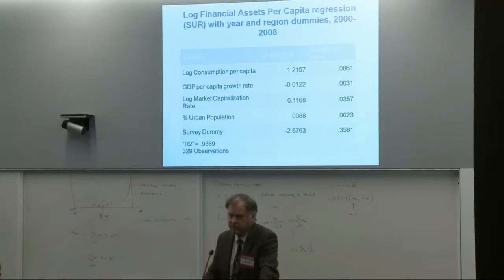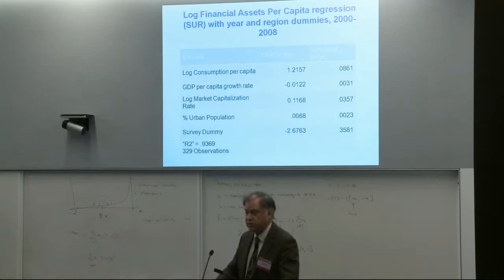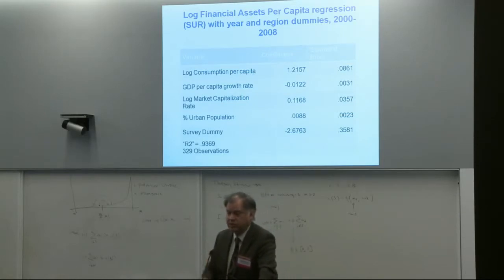And the variables we picked were inspired by the life cycle model of saving, and then we thought about other variables that could come in that would be consistent with the life cycle model. There's a discussion of this in the EJ article. But you see here, for example, the market capitalization in a country turns out to be a highly significant variable in this regression.